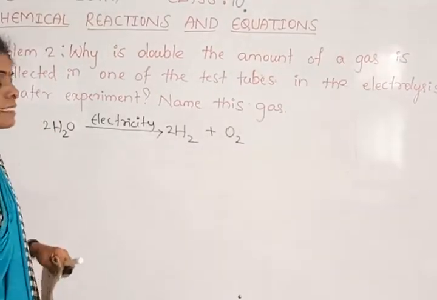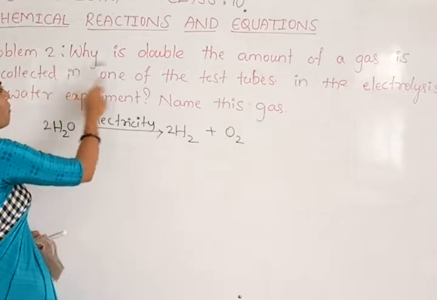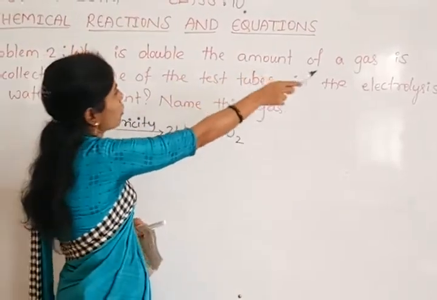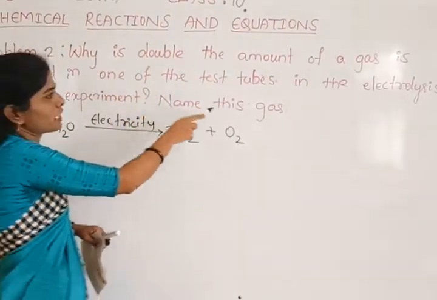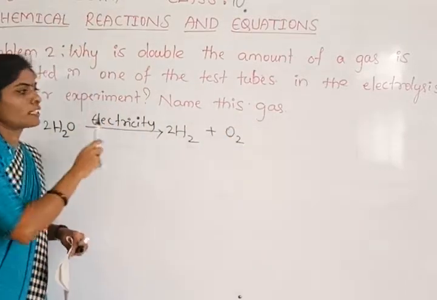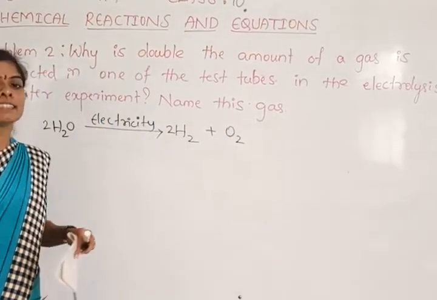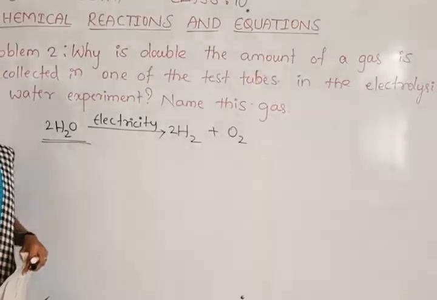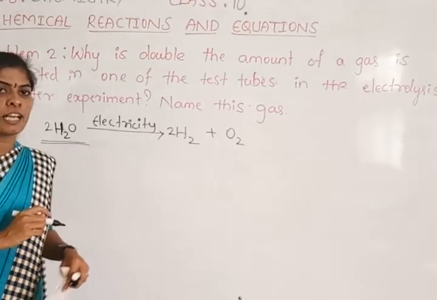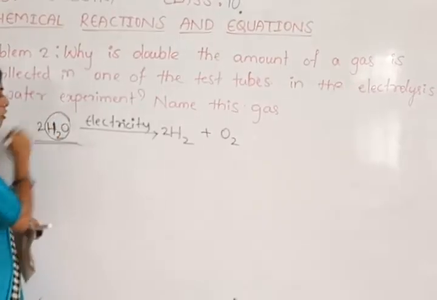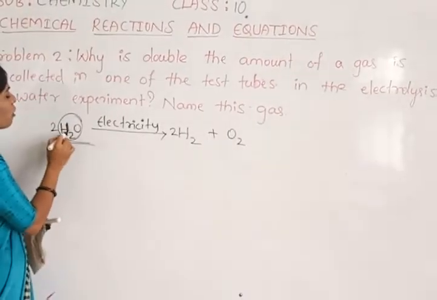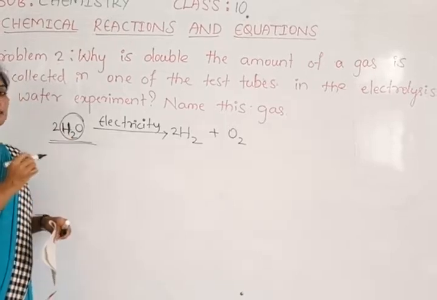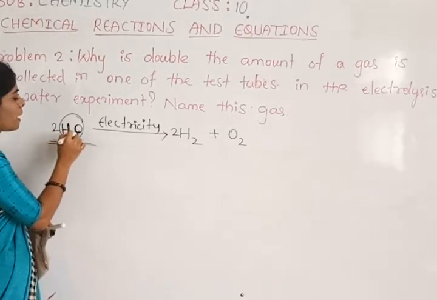Now you are able to see why double the amount of gas is collected in one of the test tubes in the electrolysis of water experiment. See, the formula of water is H2O, the molecular formula of water. In this formula you can observe that there are 2 parts of hydrogen and only 1 part of oxygen.